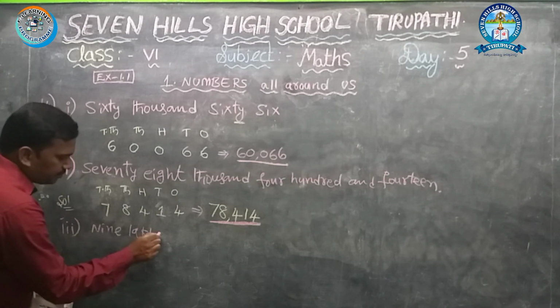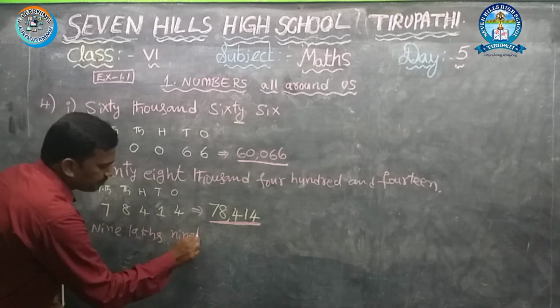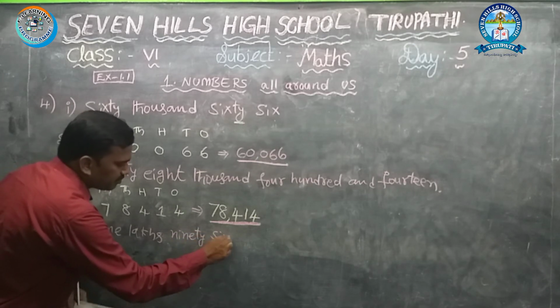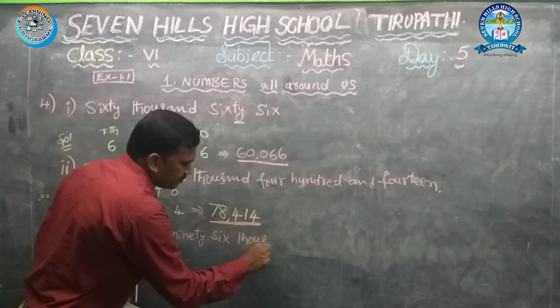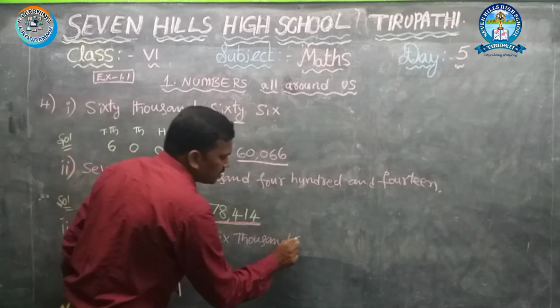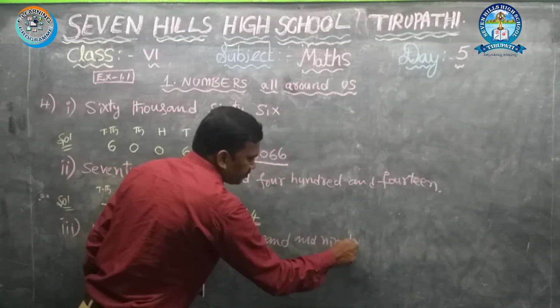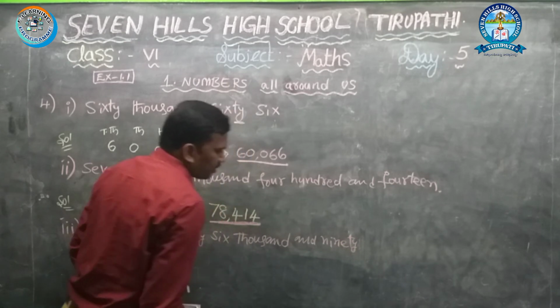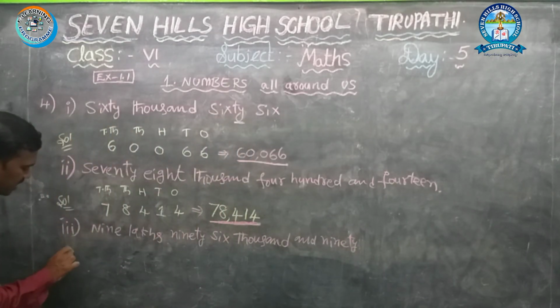9 lakhs 96,000 and 90. Here the number name starts with which place?